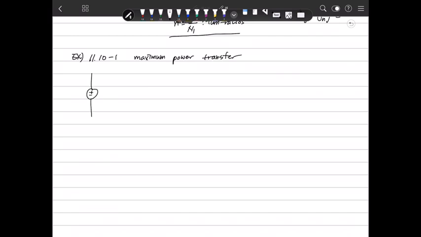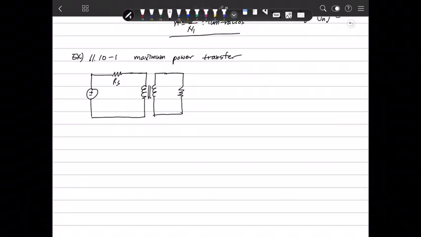We have a circuit here, plus minus, and we have impedance RS. We have an ideal transformer here, and this is the load impedance, RL. Here RS is fixed, and RL is fixed.